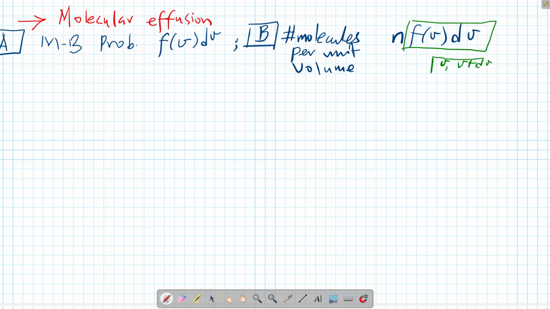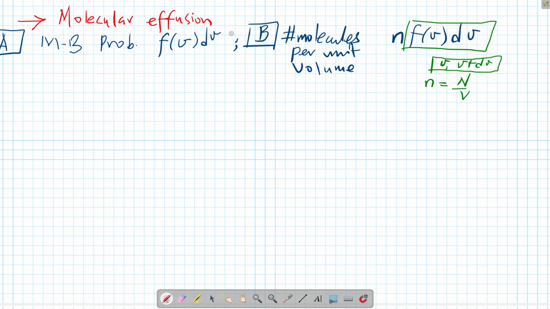If you multiply that fraction with the total number of molecules, you get what you want. Given that little n is the total number of molecules, capital N, divided by big V, which is the volume of the container.